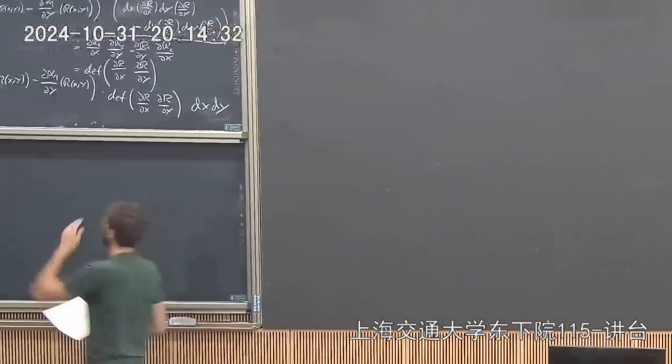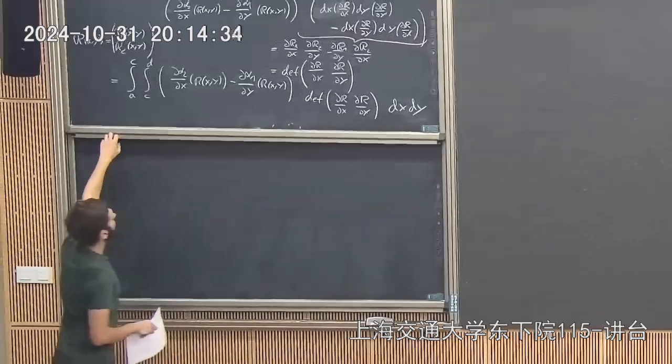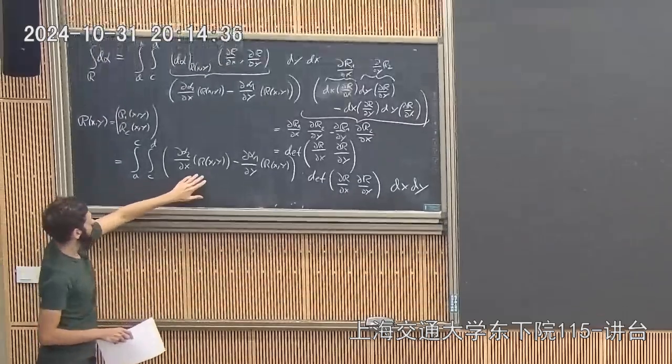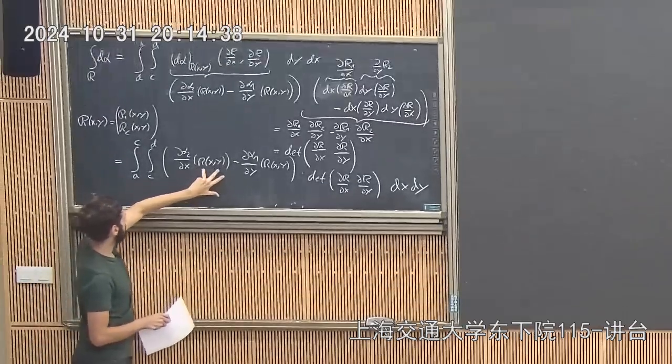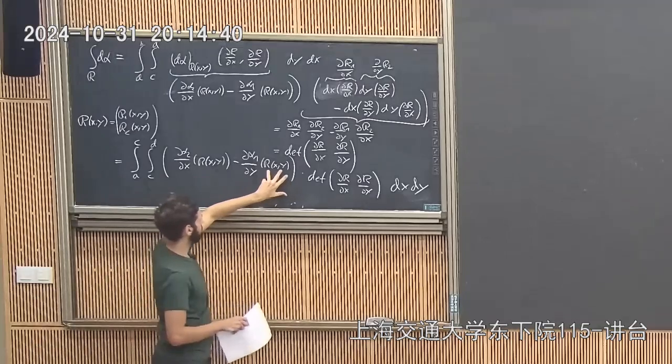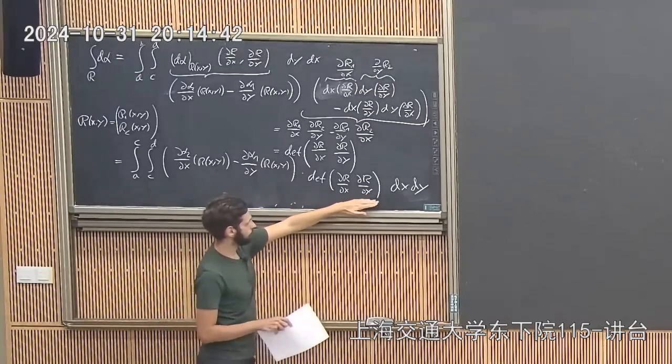Okay, so what we see now is that here we have always a function r, and here we have always a function r, and we have the Jacobian here.